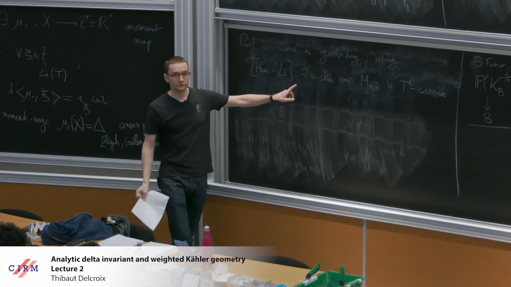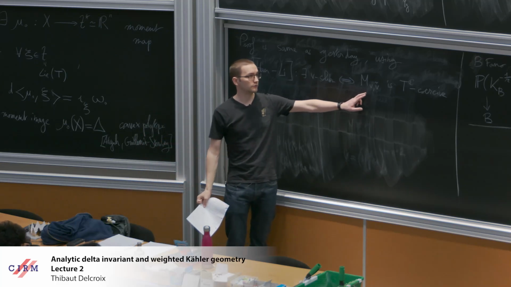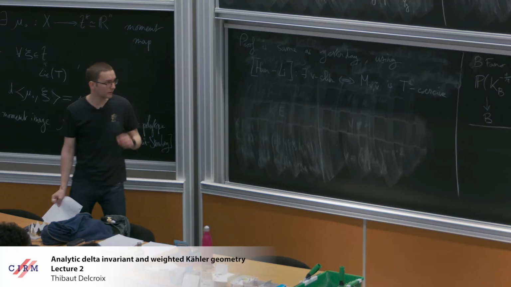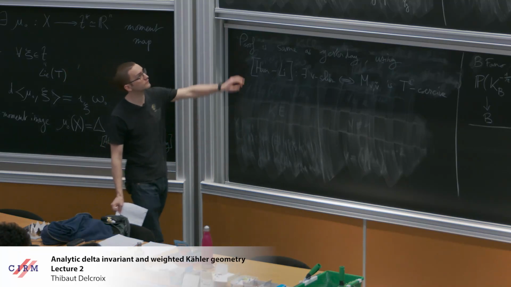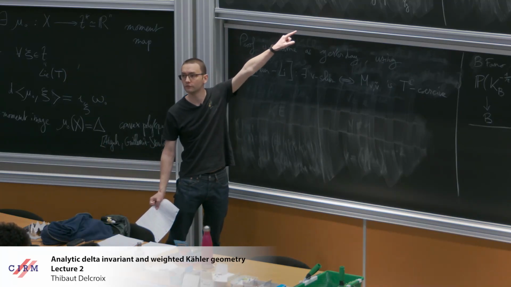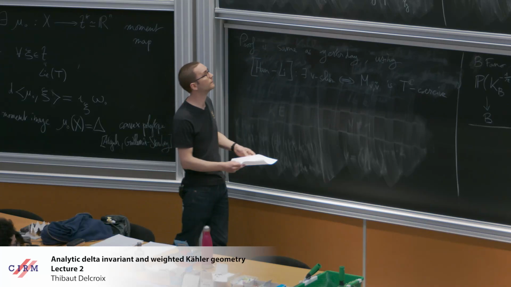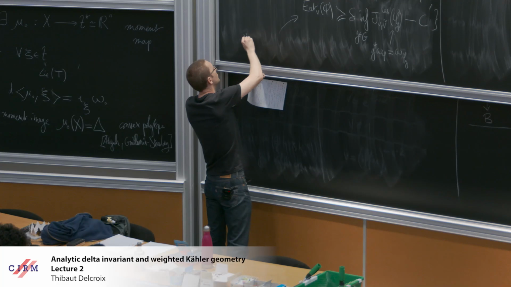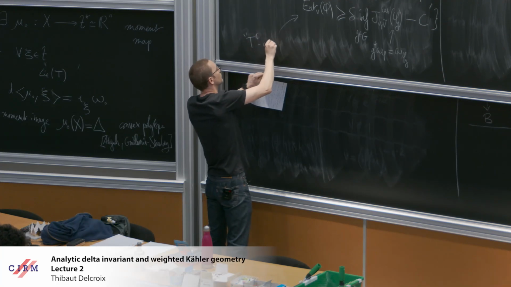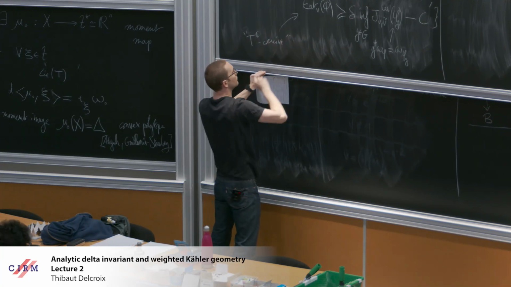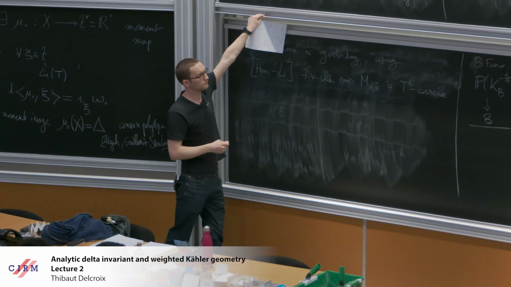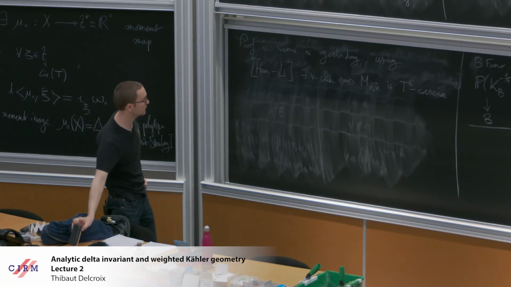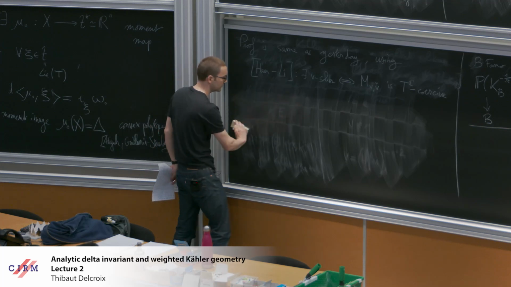It says that there exists a V-soliton if and only if the Mabuchi functional for W equal to the weight V tilde over there is TC coercive, and TC coercive means this notion over there. For this statement, you need the assumption that the torus is maximal.